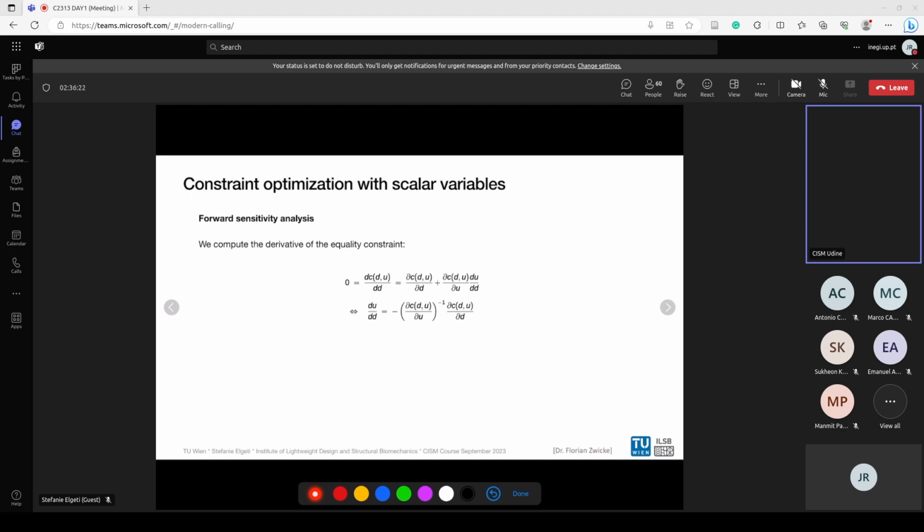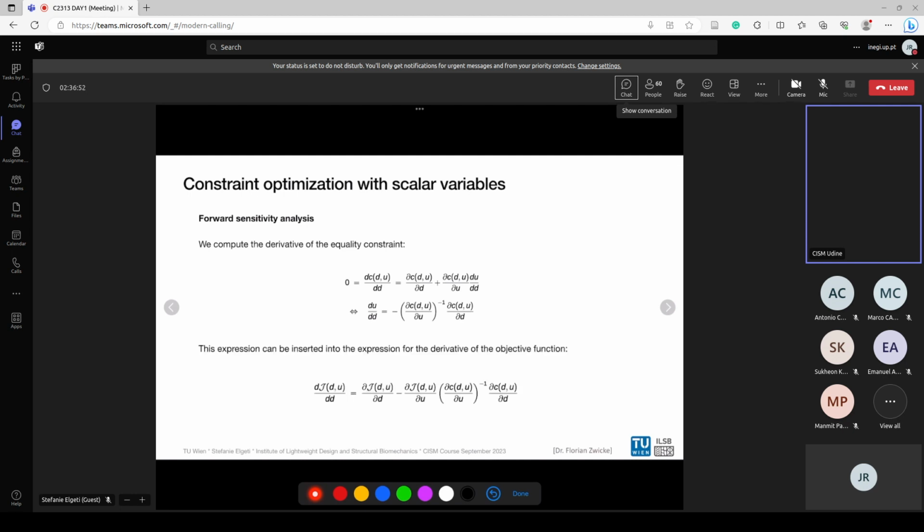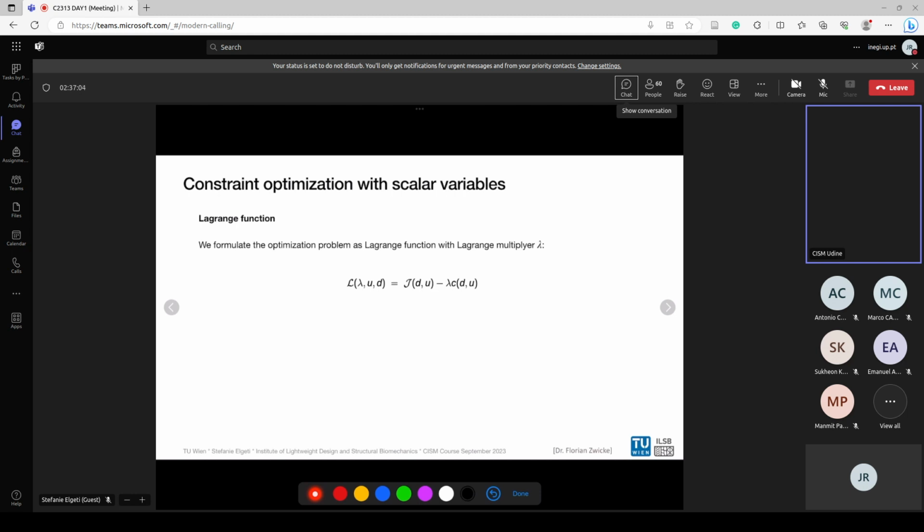Here we have this first term that is the partial derivative of c with respect to d, and then we have the partial derivative of c with respect to u times the inner derivative, and here we can then solve for du dd. Then we get this inverse here, which in the scalar case is very easy to compute, but later we will have to deal with matrices. And then we can insert this back into the objective function, and this is how we can compute the gradient of the objective function with respect to the decision variables.